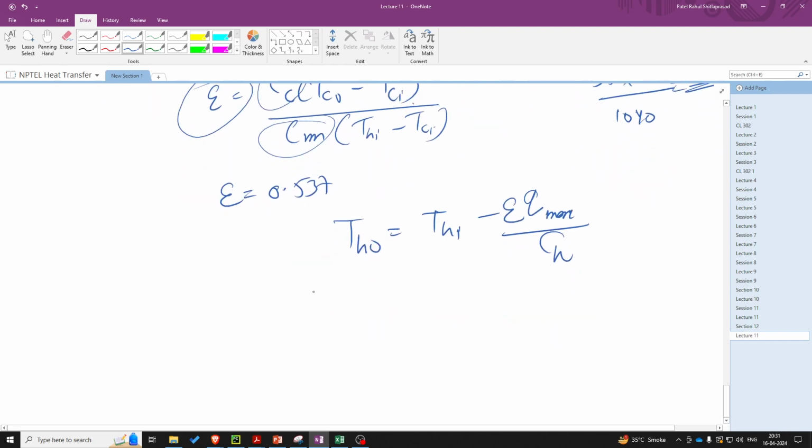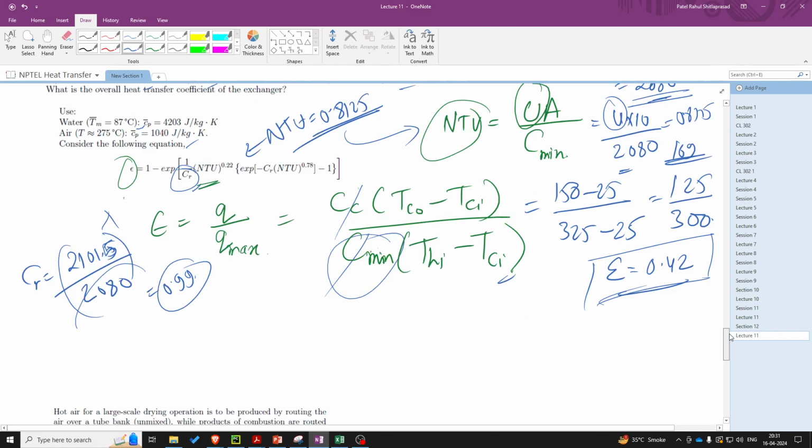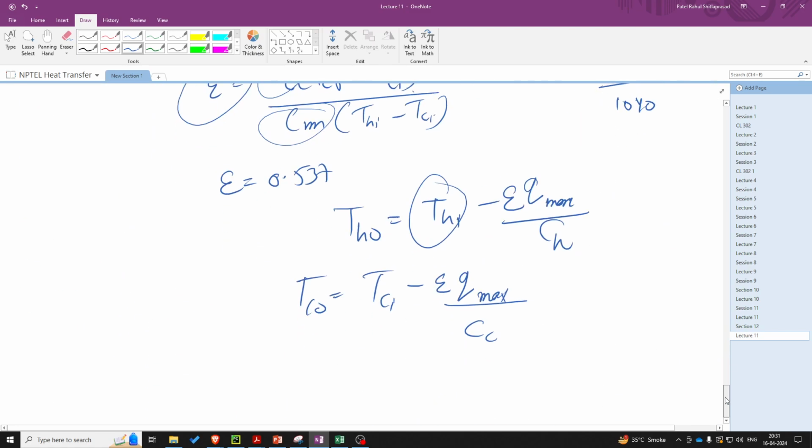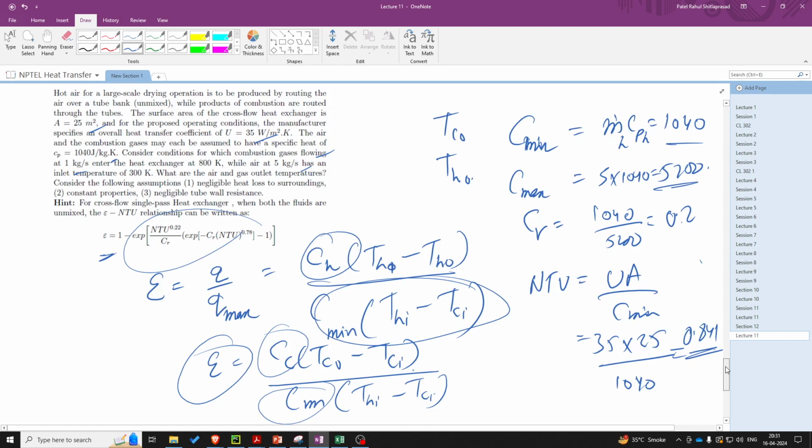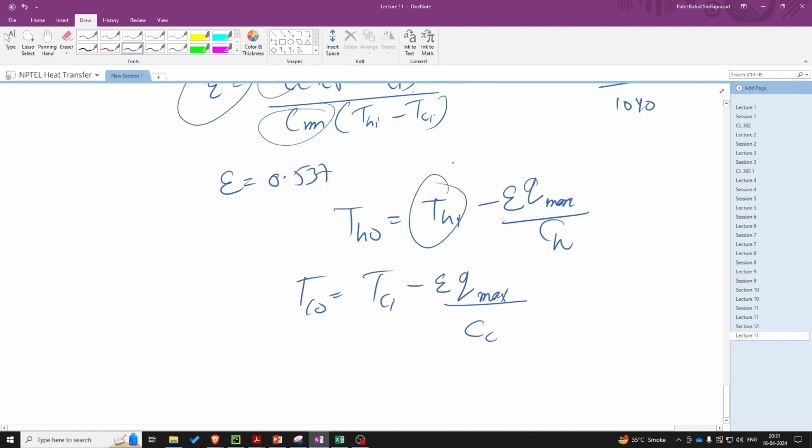Similarly, for the cold fluid, you can write TC0 is equal to TCI plus epsilon into Q max upon CC. So this TH inlet we have been given as 800 and TC inlet is 300.